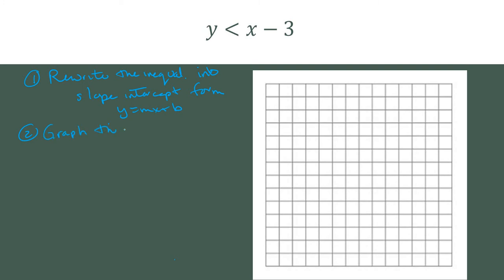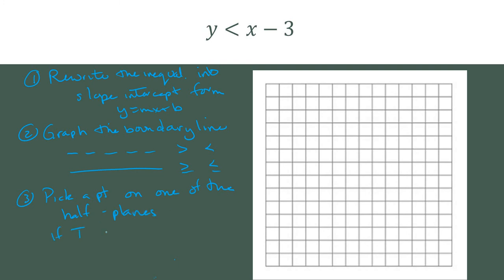Step 2: Graph the boundary line. So that's dotted if it's greater than or less than, solid if it's greater than and equal to, less than and equal to. Step 3: Pick a point on one of the half planes, in other words, not on the line, but next to it.